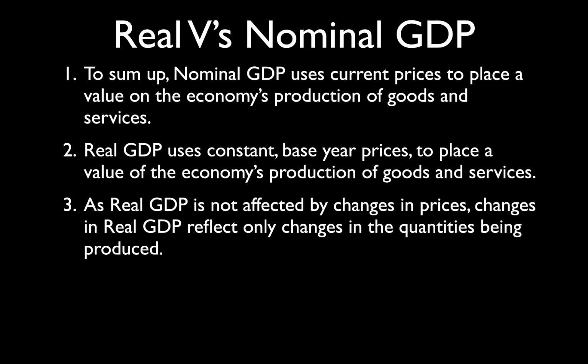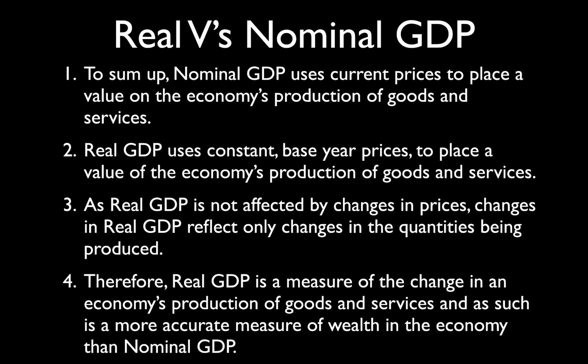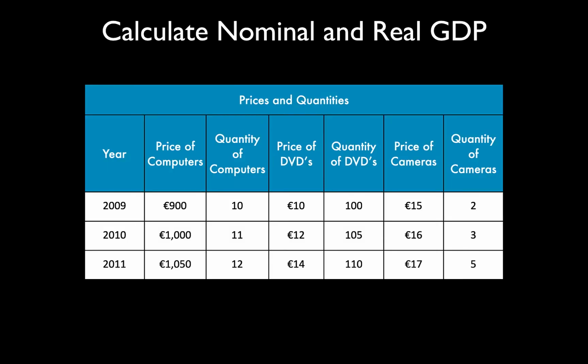As real GDP is not affected by changes in prices, changes in real GDP reflect only changes in quantity produced, and that means quantities consumed. Therefore, real GDP is a measure of the change in an economy's production of goods and services, and as such is a more accurate measure of changes in wealth, I suppose, in the economy than nominal GDP.